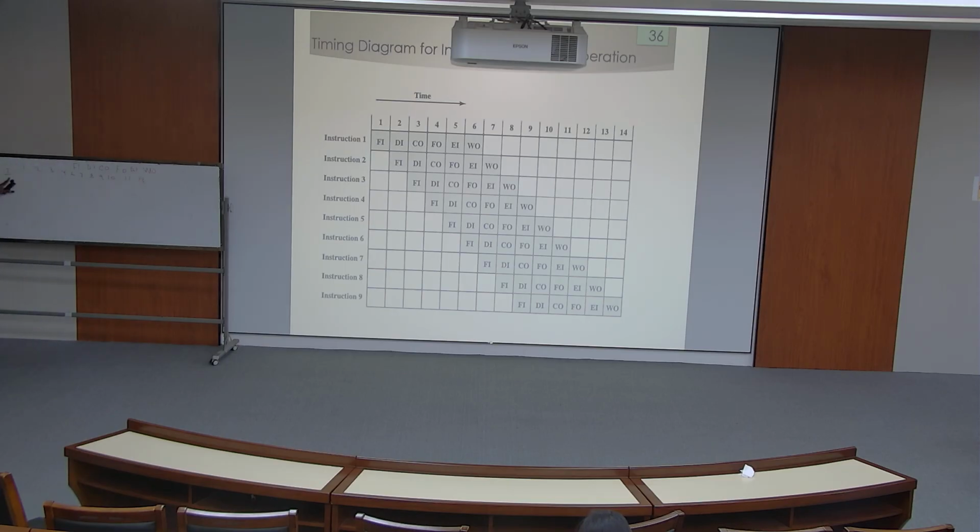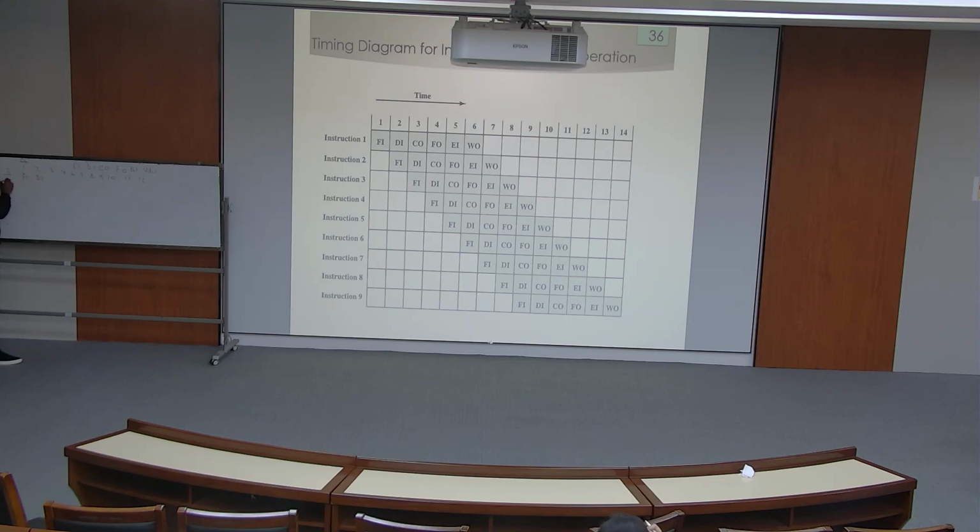So we have instruction number 1, which is instruction fetch in clock cycle 1. In the next clock cycle, instruction number 1 goes into instruction decode, and instruction number 2 starts with fetch instruction.